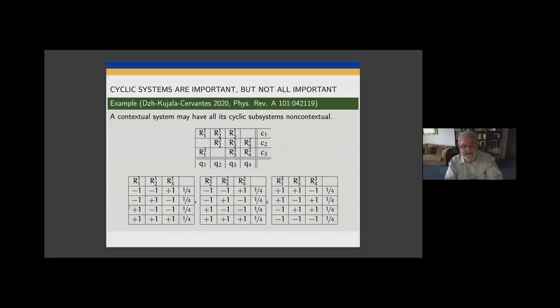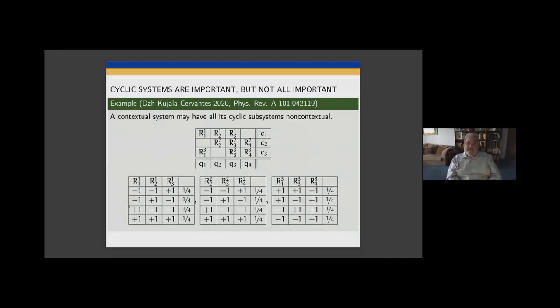Okay, and another thing about the cyclic systems that I would like to mention is that they are important, as we have already seen. They cover a lot of empirical situations, and they can be used in a variety of empirical scenarios. However, they are not all important in the following sense.